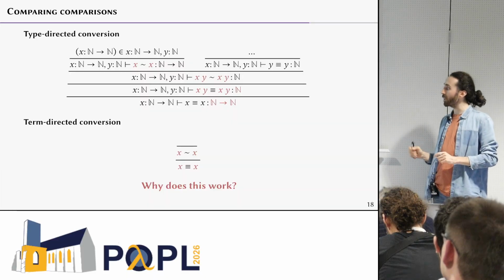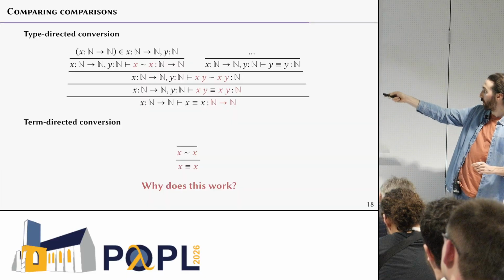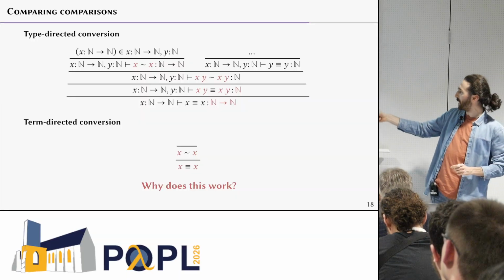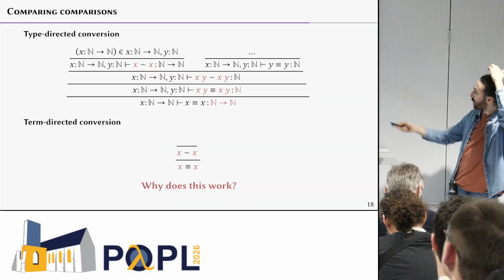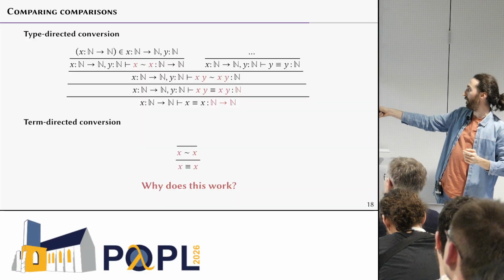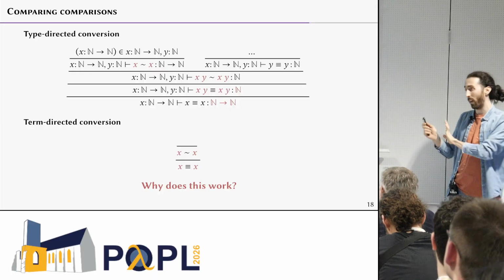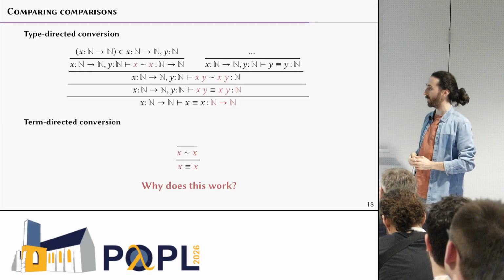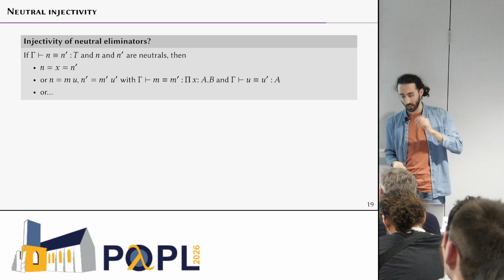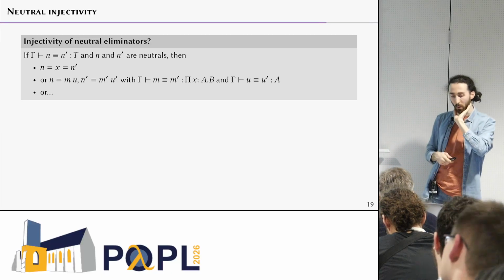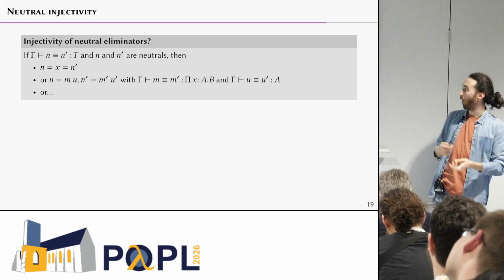But still, the question is, why does this thing work, or why do these two things work? But especially this one that does this change straight away, even though actually this thing was at a function type, and so maybe an eta law could have helped in making the things convertible. So implicitly in this algorithm, the thing that we're using is this injectivity property of neutrals.